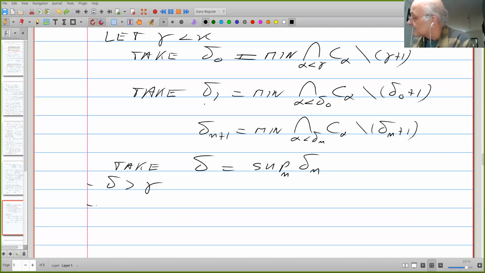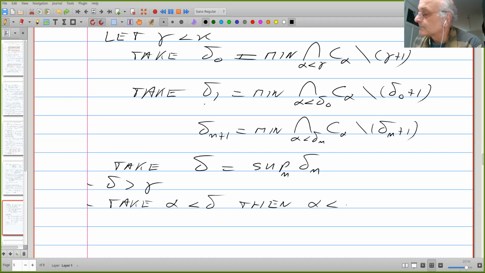And what else? Now take alpha less than delta. Then there is an m such that alpha is less than delta m, because the sequence of deltas increases cofinally to delta.